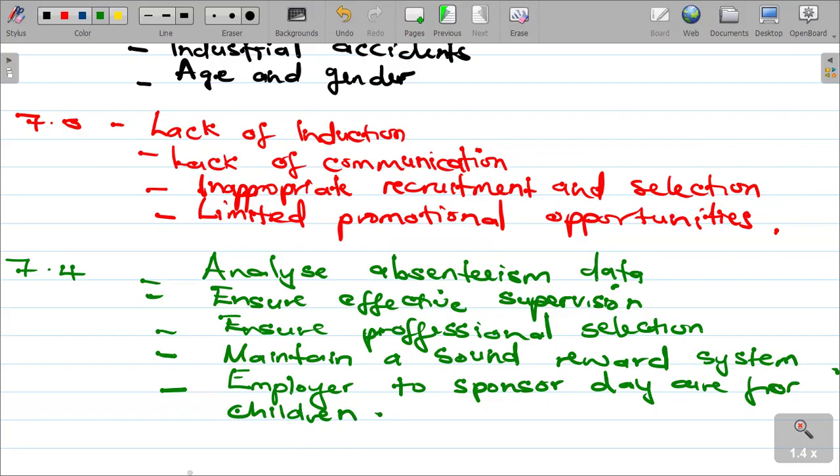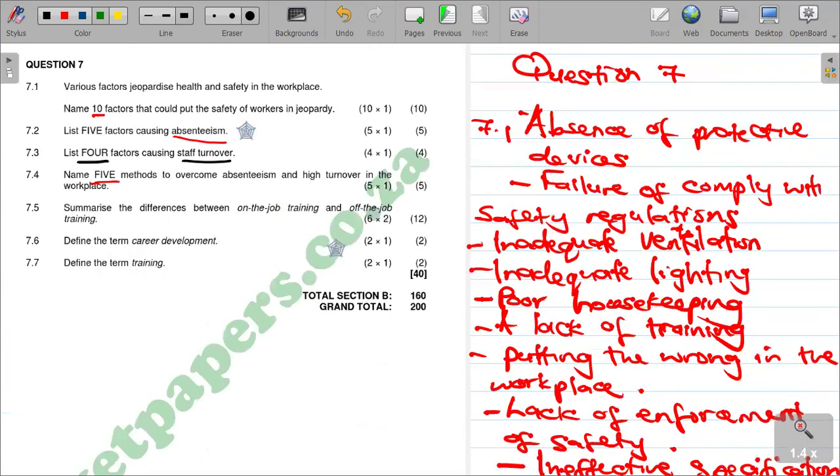And lastly, they're supposed to make sure that they implement what we call flexing time. They should implement flexing time. Right. Let's go to 7.5.